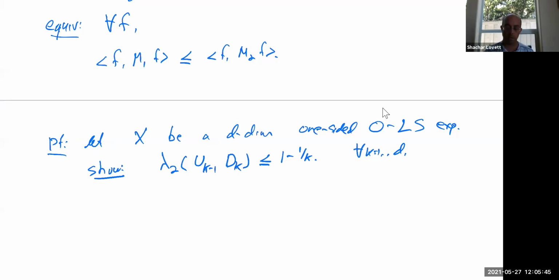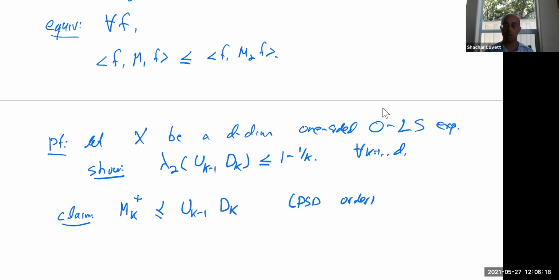And the main way we're going to prove it is we're going to use the following claim. It says that, well, we're going to look at two matrices. One is going to be M_k plus, which is a non-lazy upper walk of the kth level. And we're going to claim this is smaller in this PSD order than U_{k-1} D_k.